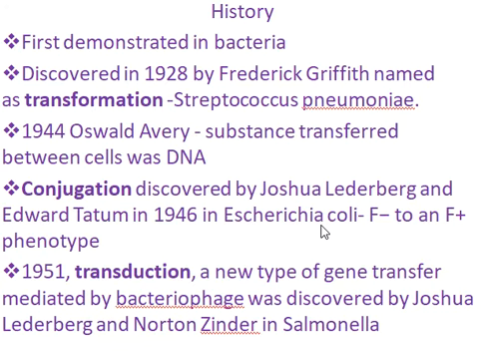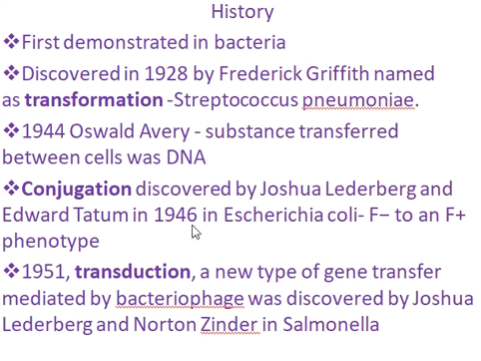Previously, in 1928, Griffith explained the transformation, but he knew only that some substance transferred from one organism to another, and he did not know what the substance was. In 1944, Oswald Avery explained that the substance transferred from one cell to another is DNA.